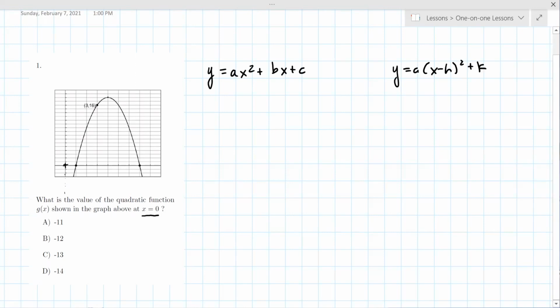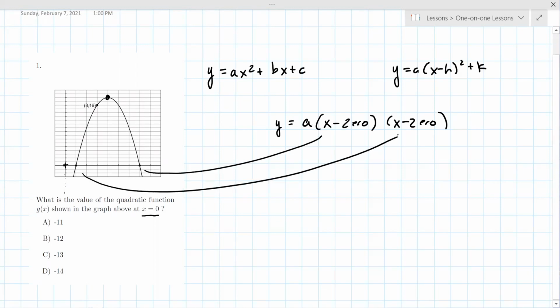The vertex is not given, but it looks like you could figure that out, if you wanted. So that would be one reason to use this. There's even a third form here, which is the factored form, x minus the 0, x minus the 0 times a. And that one works really well when you have the zeros here.